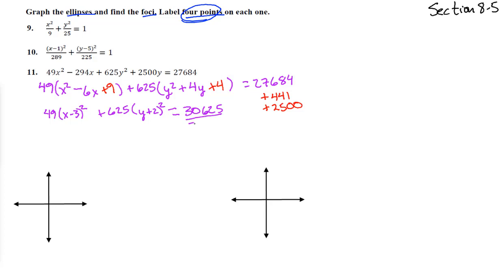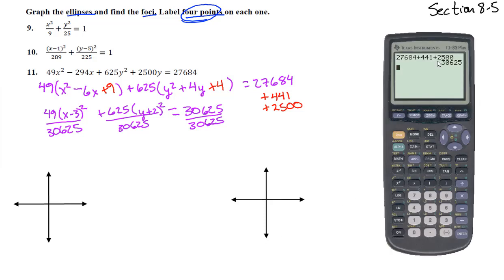Now, standard form, we got to get it equal to 1. So we have to divide by 30,625, divide by 30,625. And if there's any justice in the world, these will come out to be nice numbers. Let's see if they do. Take 30,625 divided by 625, and that equals 49 indeed.